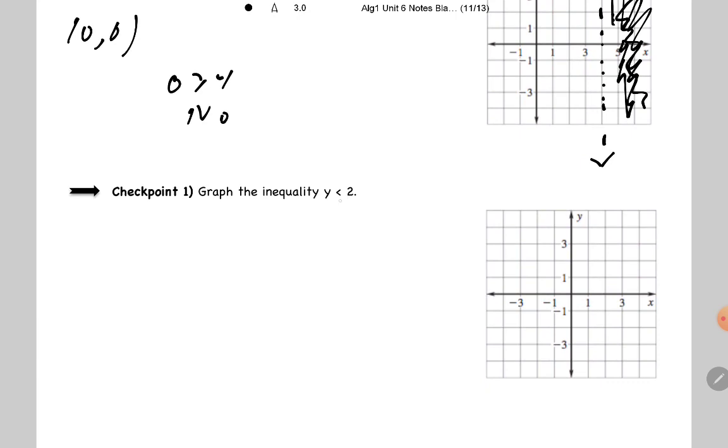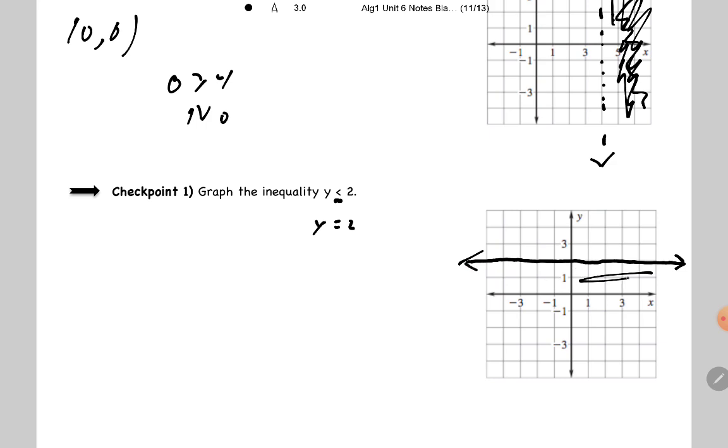And I'm just going to change this last problem into y is less than or equal to 2. So y is less than or equal to 2 is a horizontal line at 2. Because I changed this problem to y is less than or equal to, this is going to be a solid line.